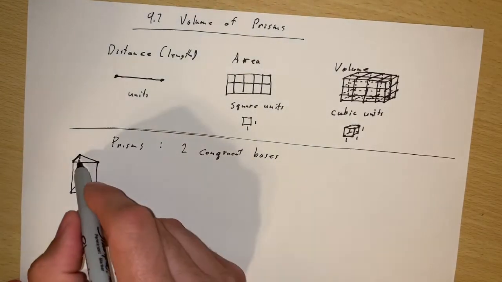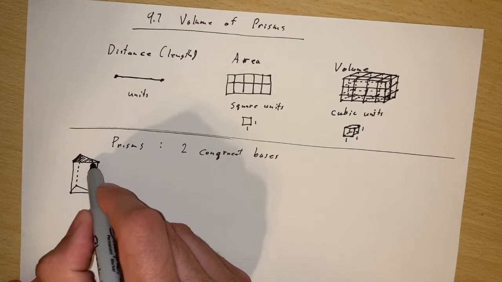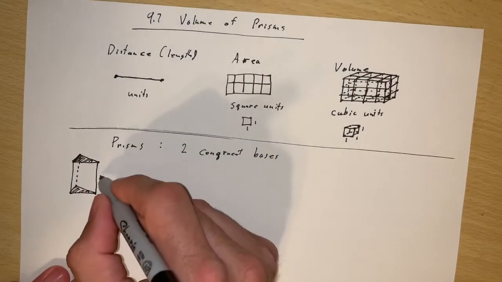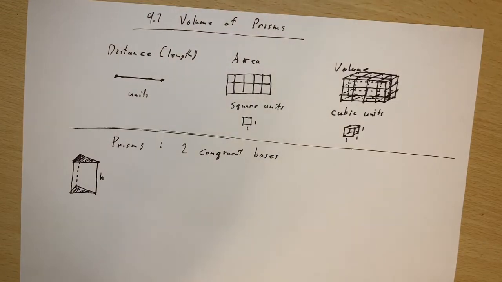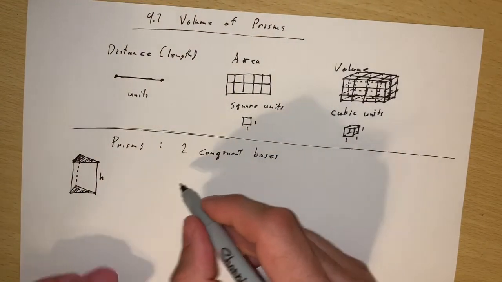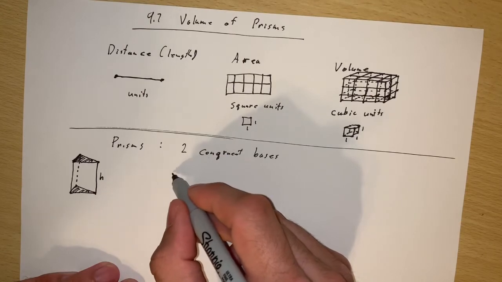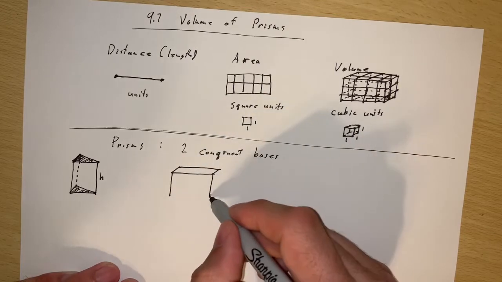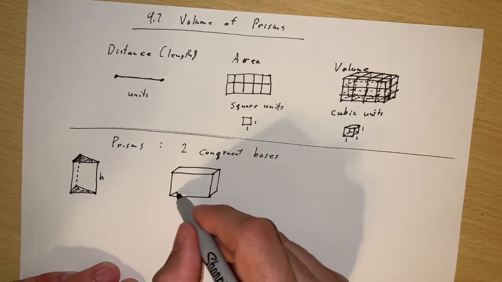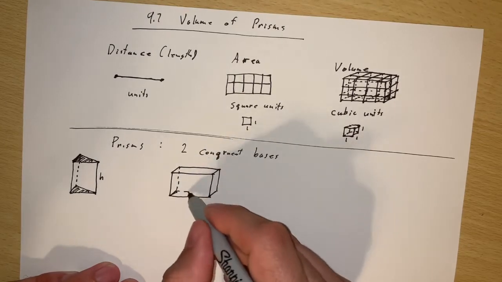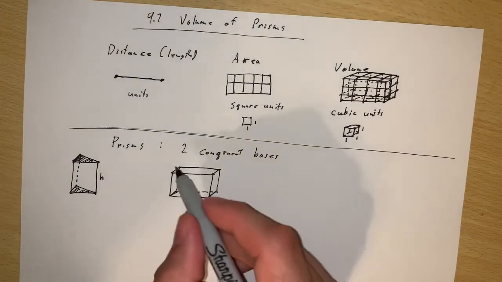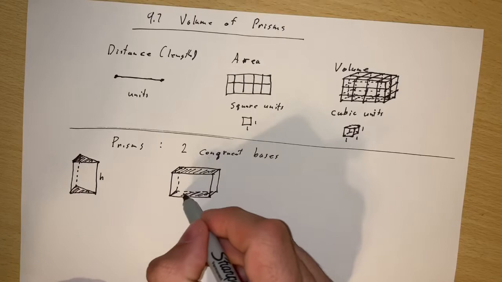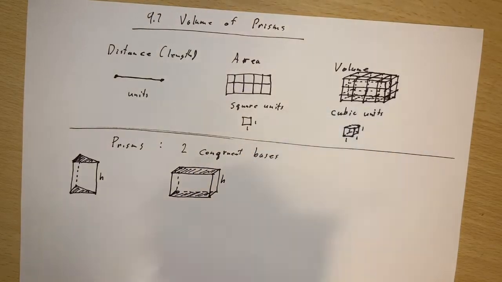You can see the 2 bases are congruent triangles, and then each one of the edges are connected by equal lengths. That is called the height. And then a rectangular prism might look like this. You can see the top and the bottom are rectangles, and then it has a height.